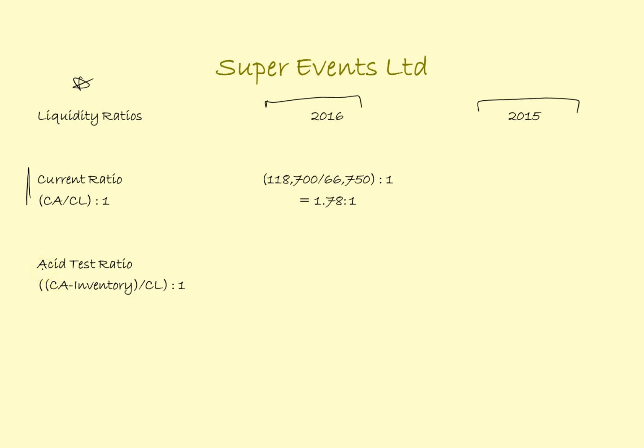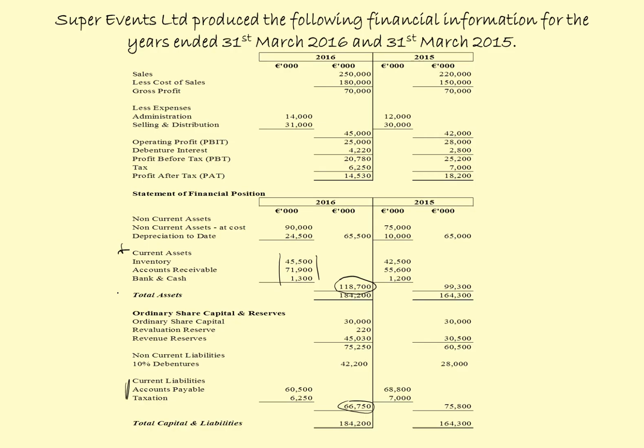Now I'm going to do the asset test ratio, which reads the same thing of my current assets, my current liabilities, but I'm going to remove the inventory from my current assets. So back to my question here. Here's my current assets. Now there's two things you can do here. You can take the 118,700 and subtract 45,500 from it, or you can just add up the other current assets.